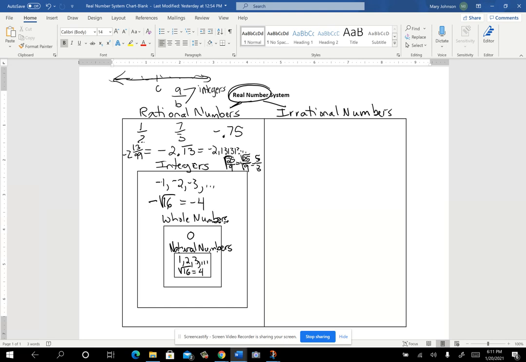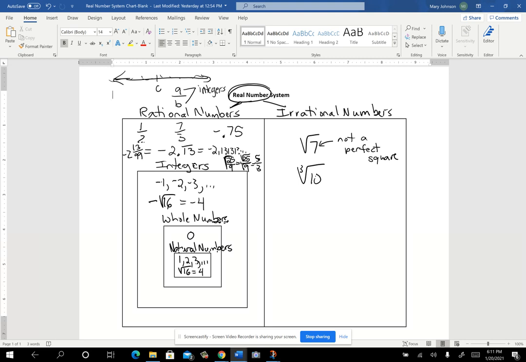Okay. Now, one type of irrational number would be numbers like square root of 7 or cube root of something like 10, where 7 is not a perfect square. So if you tried to do this on your calculator, it's a decimal, and it's a decimal that goes on and fills up the whole entire screen.